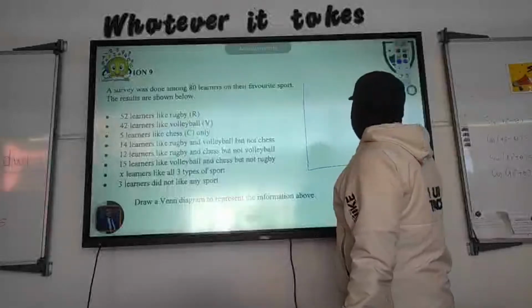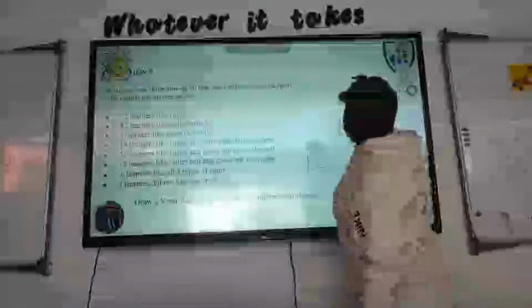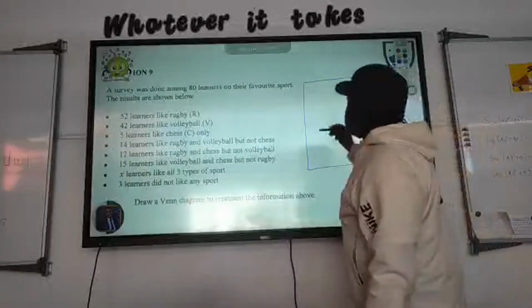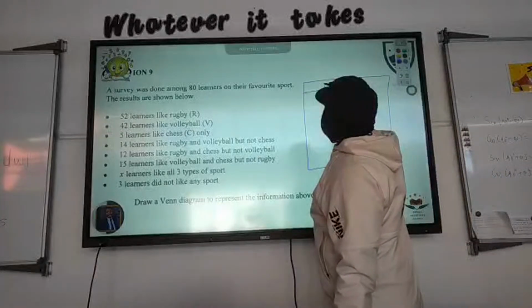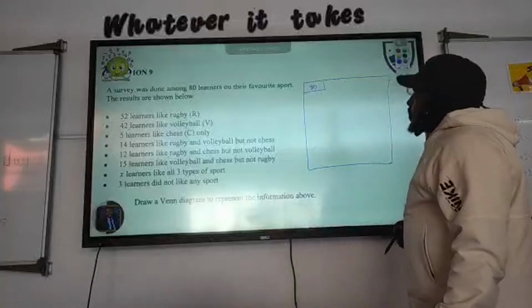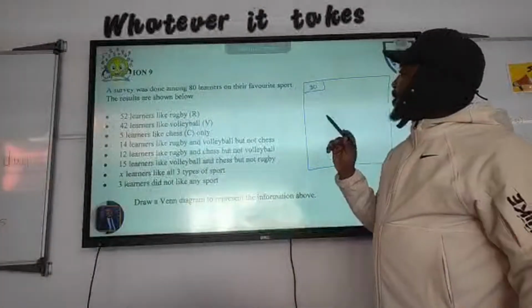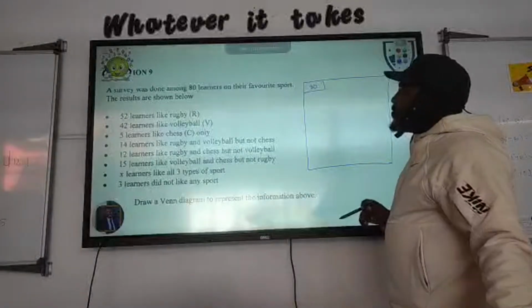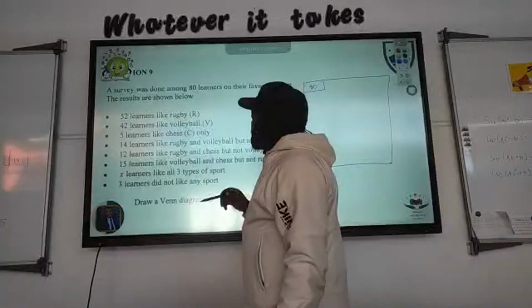Let me draw, I'm gonna try to make it as big as possible. Right, we have a total of 80 learners. Now the survey was done among 80 learners on their favorite sports, and the results are shown below. We have 3 different sporting codes.